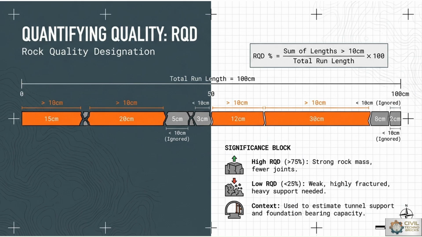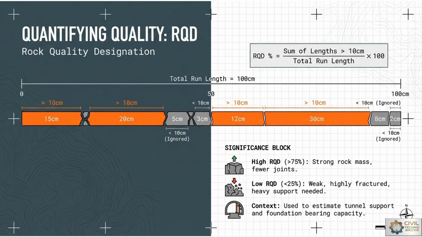So what are the significance, the characteristics, the strengths and weaknesses, faults, fractures? Likewise, from geological characteristics, we can decide the quality of rocks and we have to assign the nomenclature or designation for that. So what is the significance for that block?